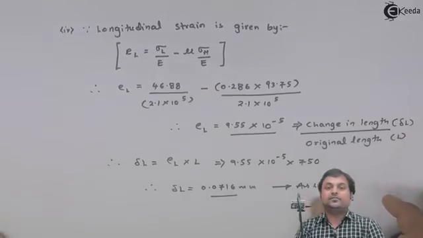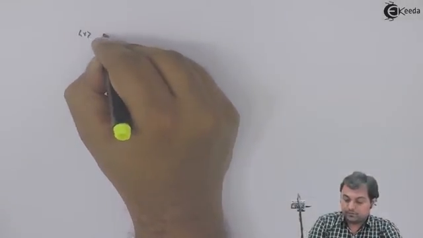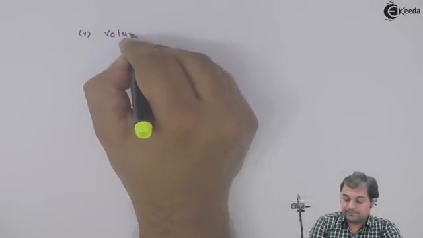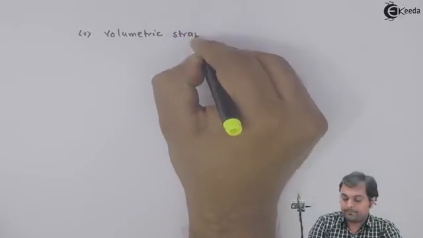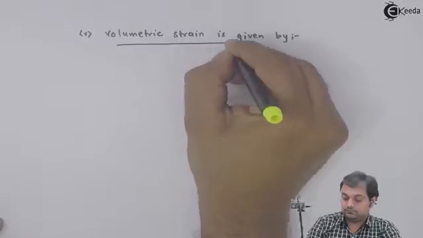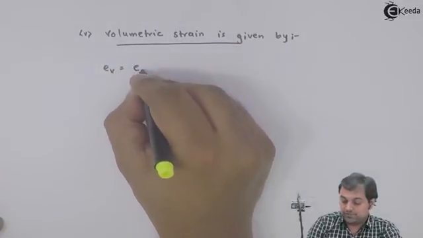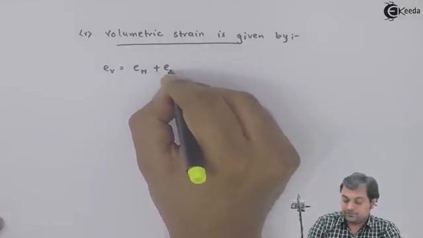Now the fifth part was to calculate volumetric strain. Volumetric strain is given by e suffix V is equal to hoop strain plus longitudinal strain.